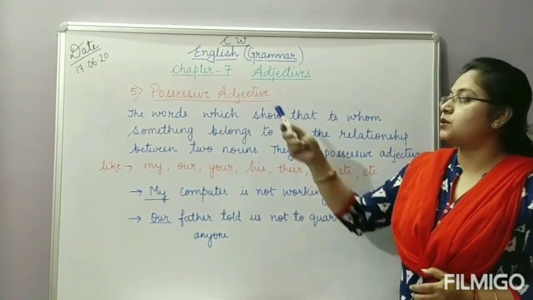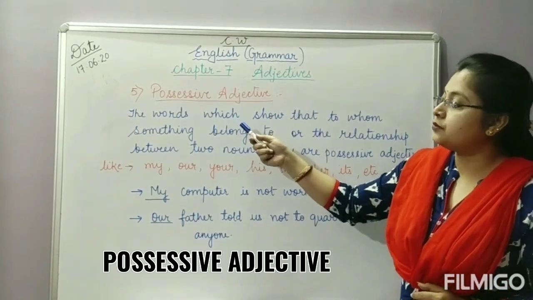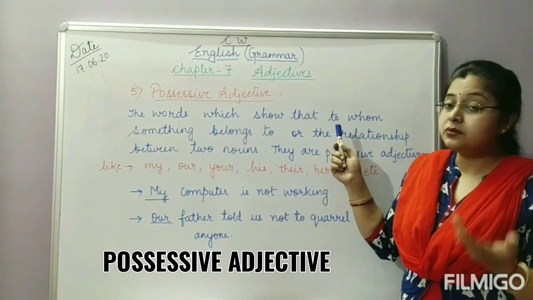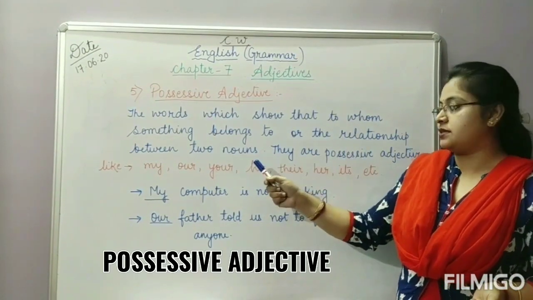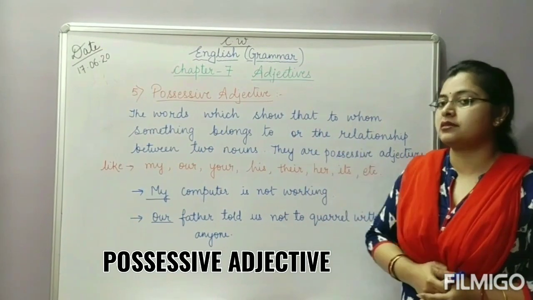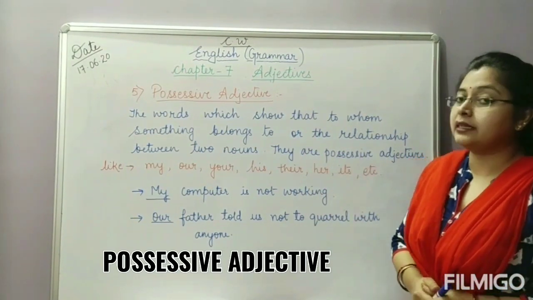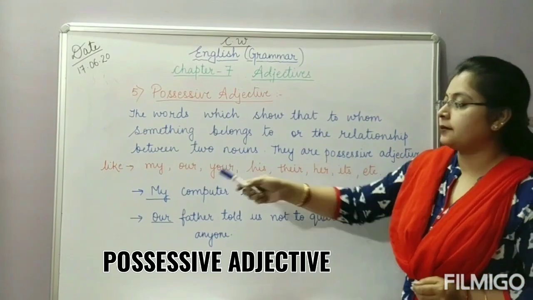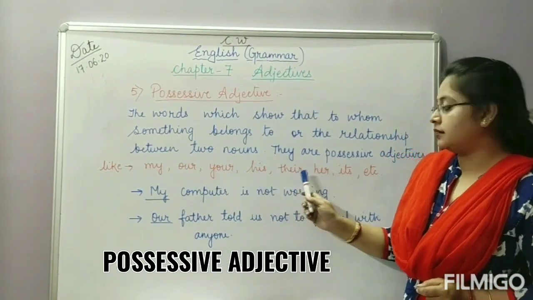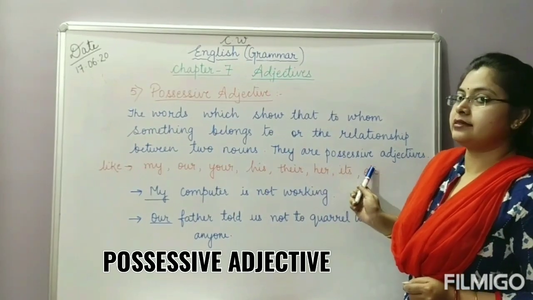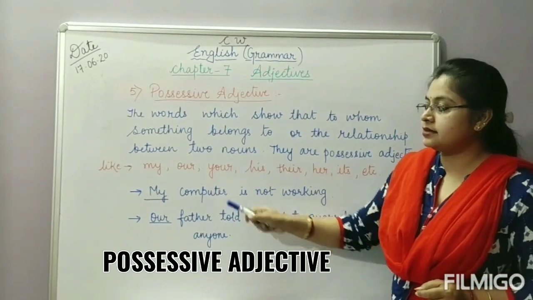Number 5th is possessive adjective. The words which show to whom something belongs or the relationship between two nouns are called possessive adjectives. You will be more clear by seeing these examples: my, our, your, his, their, her, its, etc. Now see the sentences.